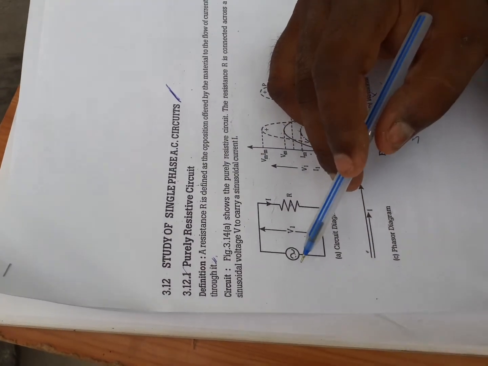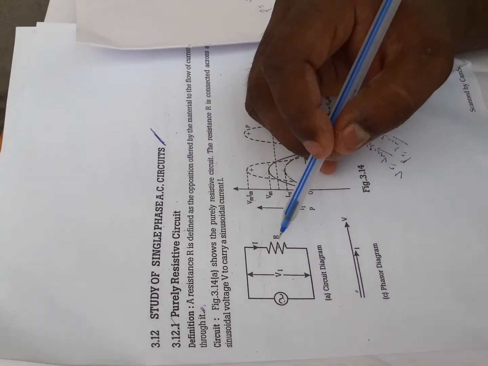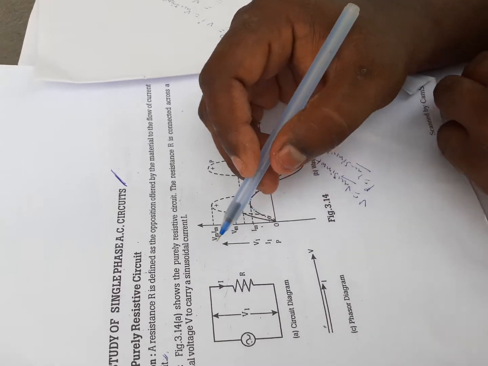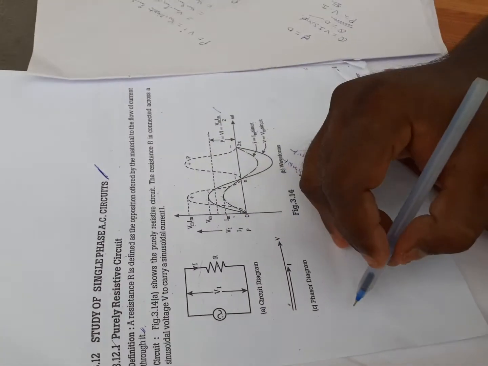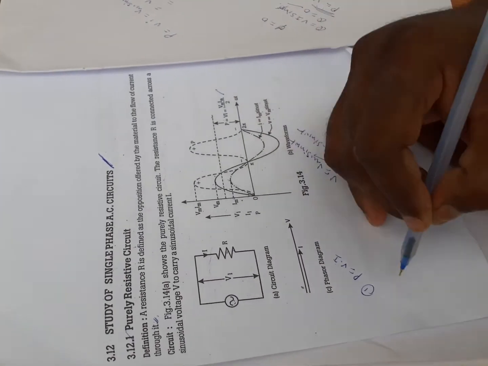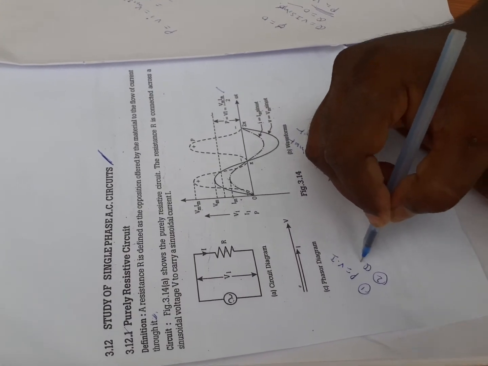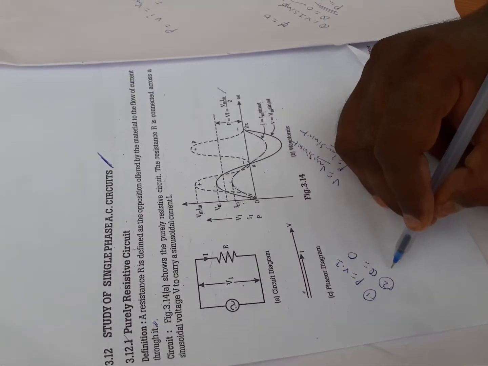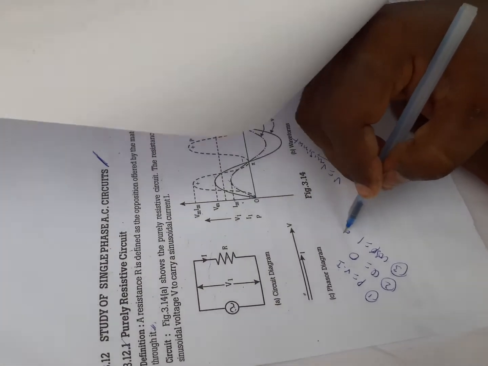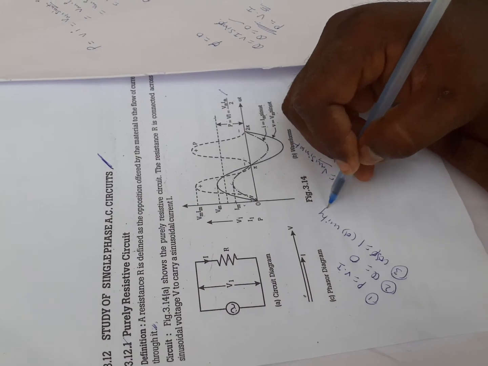If a circuit consists of only a resistor, what are the conclusions? The first conclusion is the active power P is equal to V into I. The second conclusion is the reactive power is 0. What is the third conclusion? Power factor is 1, or unity.